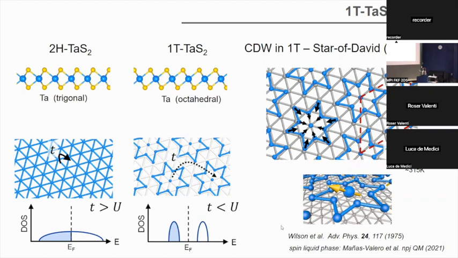So what we have is a triangular lattice of one electron per Star of David. And in this case, because the hopping is so small, the bandwidth is much smaller than the Coulomb repulsion, this system is a Mott insulator.